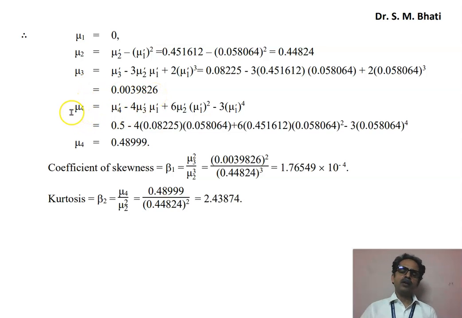Then this is the formula for mu4. You can see on the left hand side we have mu4 and on the right hand side we have an expression in terms of mu1 dash, mu2 dash, mu3 dash and mu4 dash. Now put the values of mu1 dash, mu2 dash, mu3 dash and mu4 dash obtained in the previous steps and make the calculation very carefully. You can get the value of mu4.